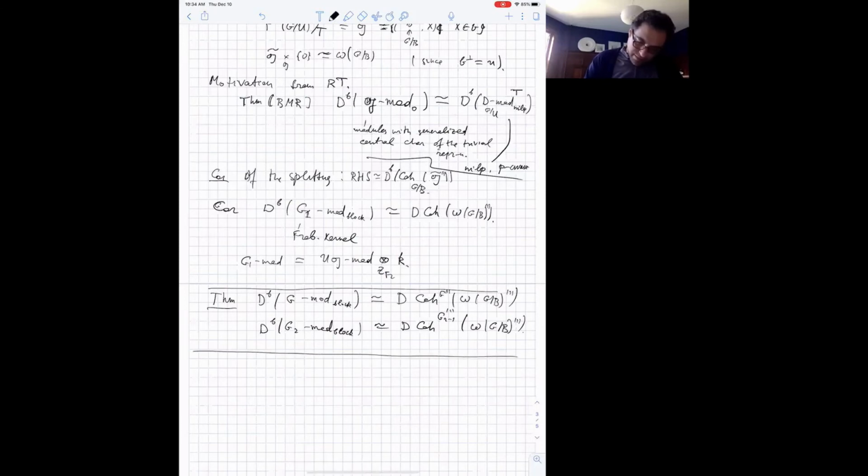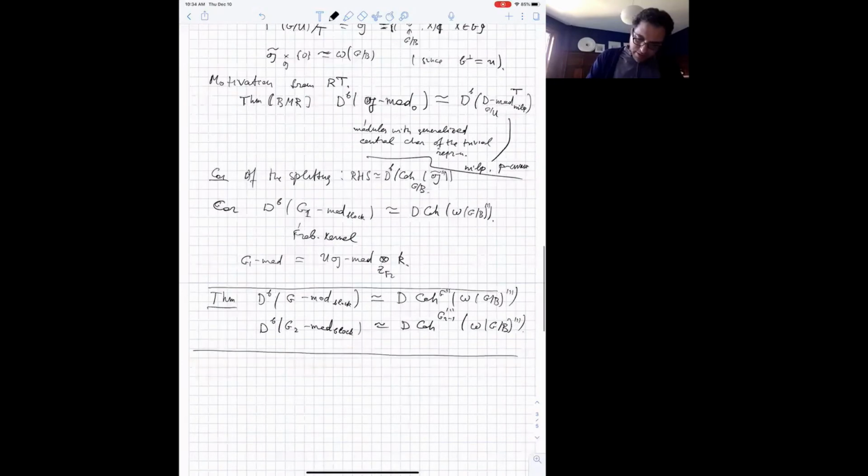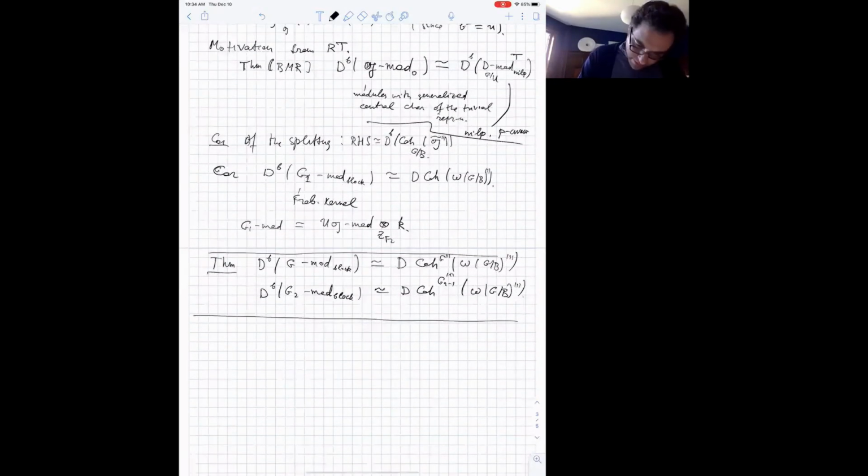The point of my telling you this is basically to discuss some additional structures on these categories that one can observe this way.